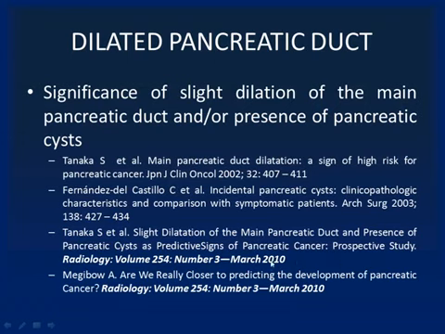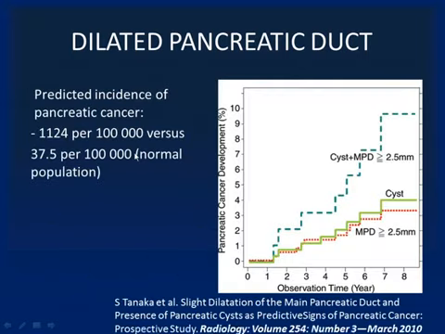And in the same issue of Radiology, there is an extensive commentary by Megibow on the paper from Tanaka. So this is another important feature on the significance of the dilation of the pancreatic duct, which is rather different from the cases we have seen.